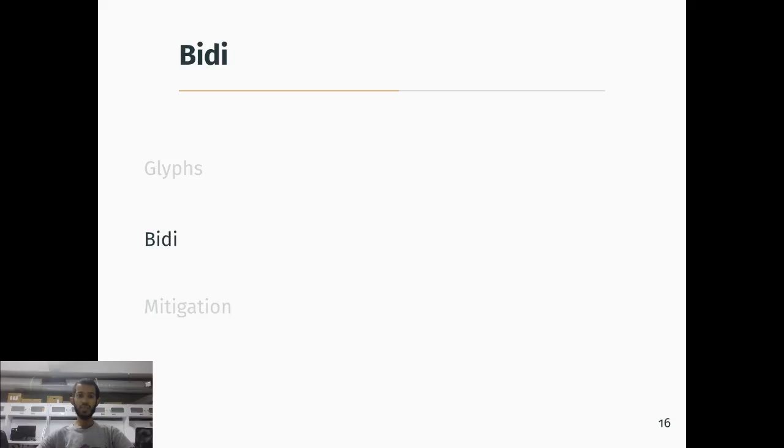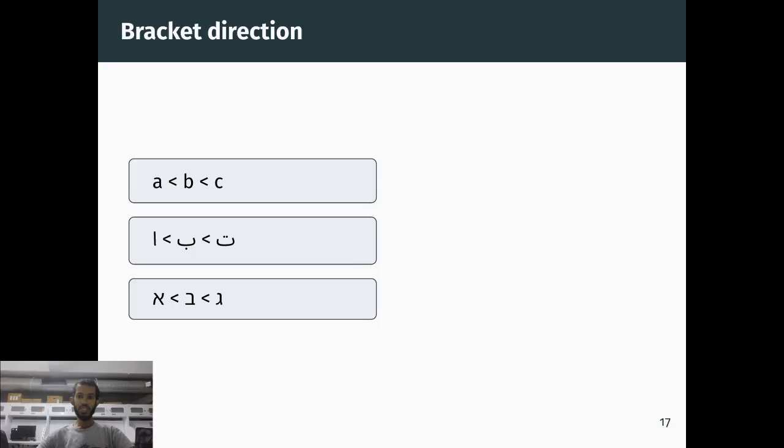So now we come to the part where the bidirectional algorithm of Unicode plays a prominent role. Consider this example. Here I have 3 lines where the first line consists of just English characters, the ASCII characters, which are written from left to right.